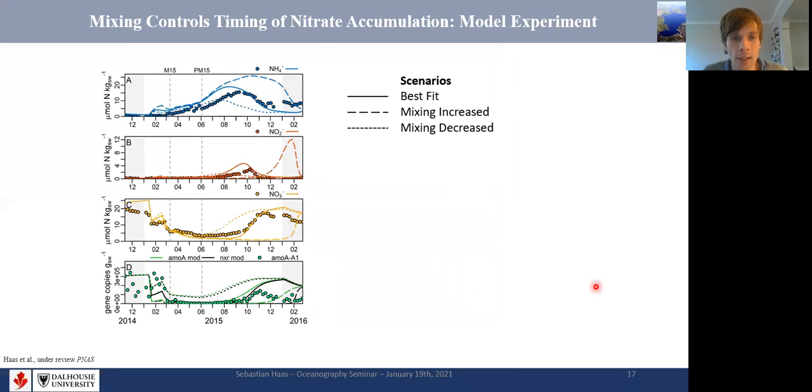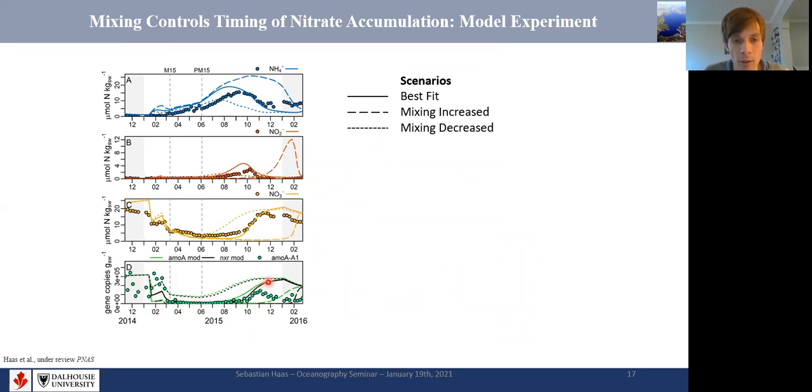And this is even more nicely demonstrated by this little model experiment we did, where in the year 2015, the one with the delay in nitrate accumulation, we modified the intensity of winter mixing up until March. So here the straight lines are the model we saw before, the sort of standard model. And then in the dashed lines, we see mixing increased prior to March 2015.